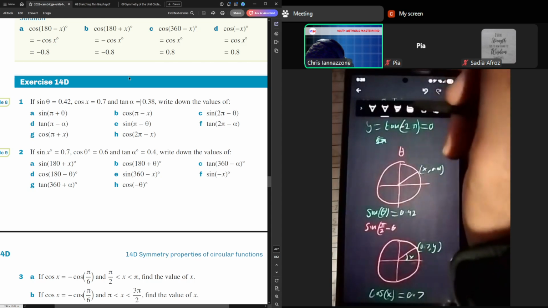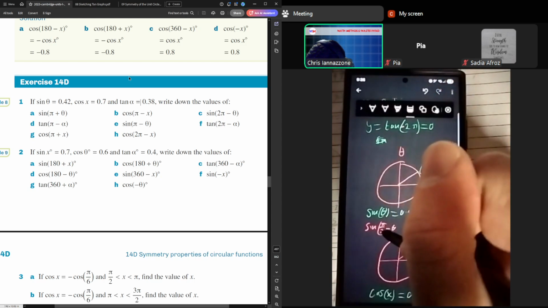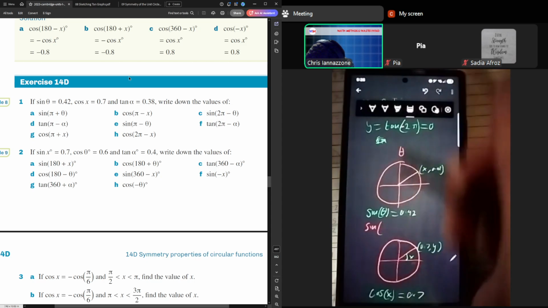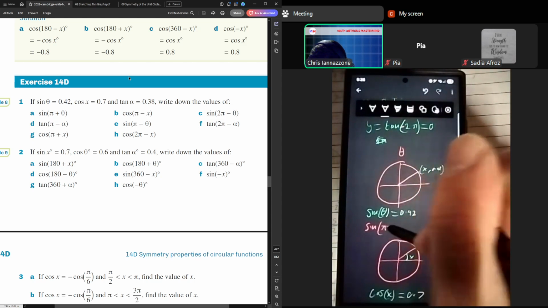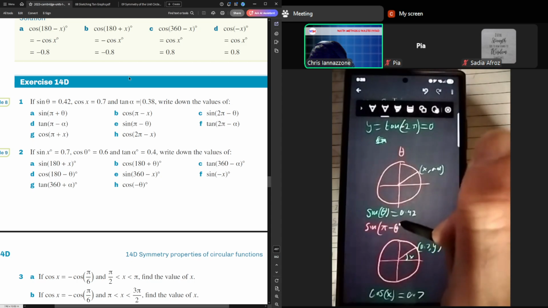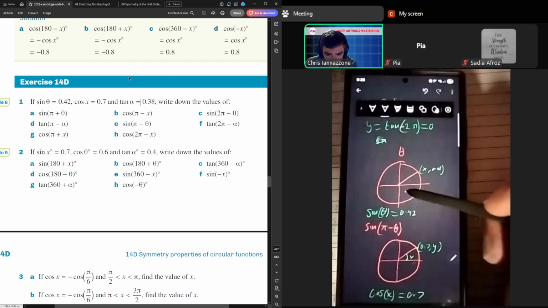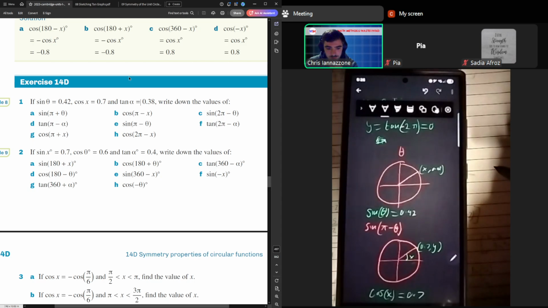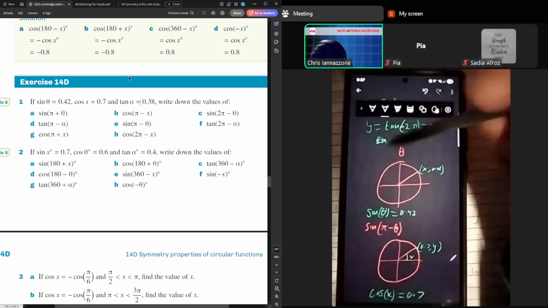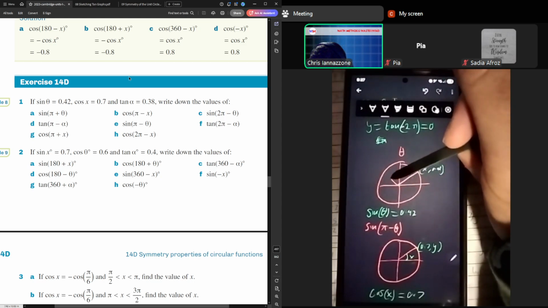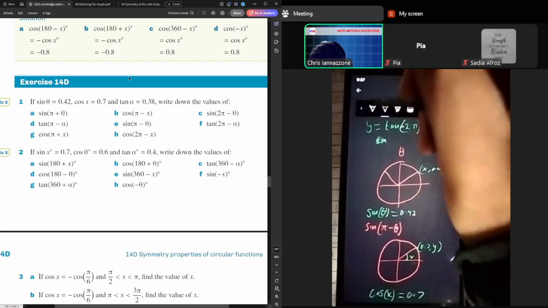Wait, sorry, what am I saying? Not pi over 2, pi minus theta. Where does that go on this unit circle? Second quadrant? Yeah, that's good. Pi minus theta.